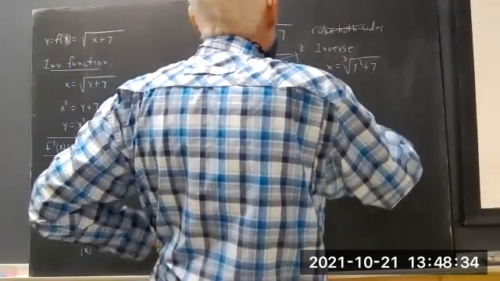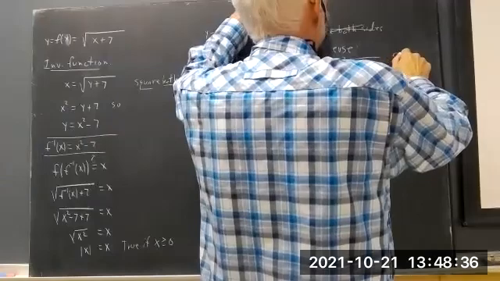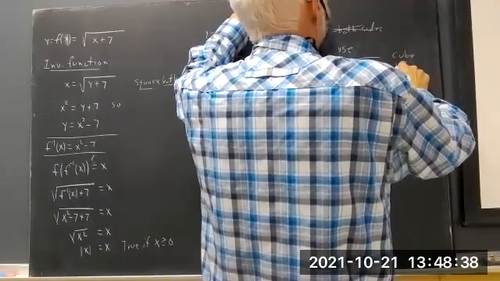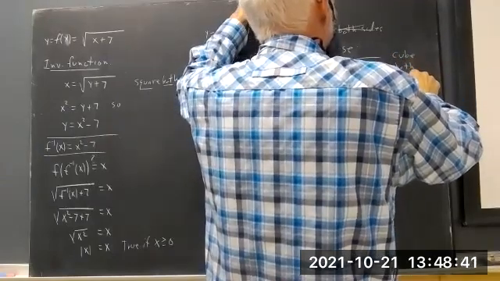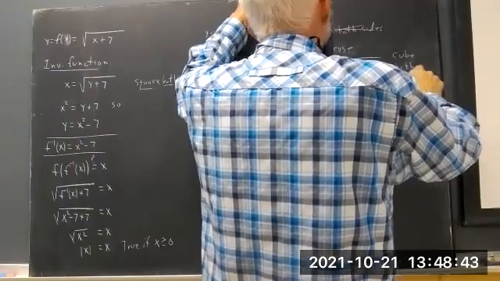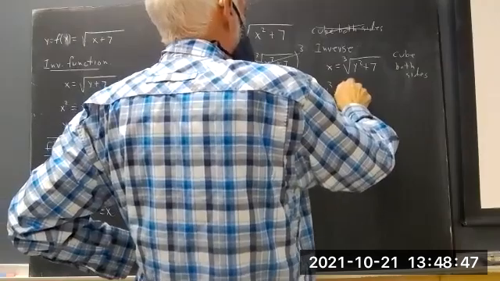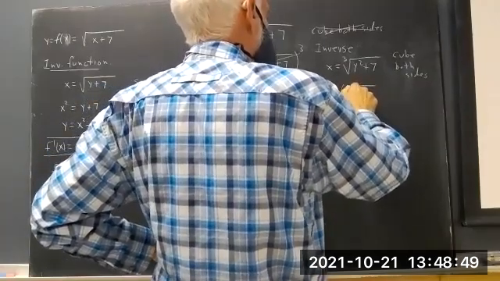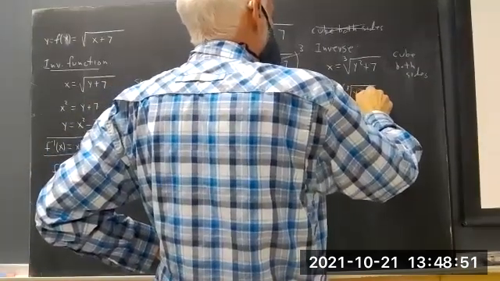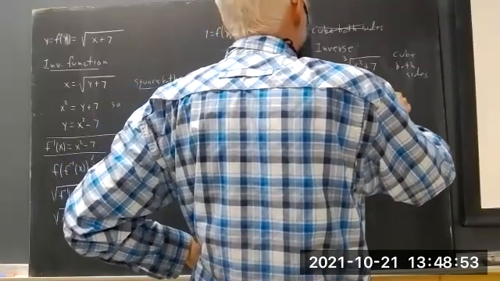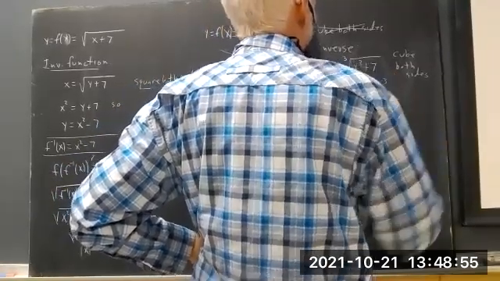And now we cube both sides. We get x cubed equals the cube root of y squared plus 7, cubed.